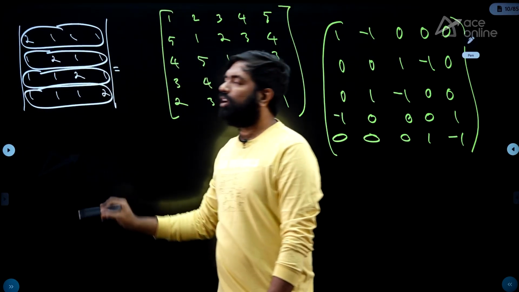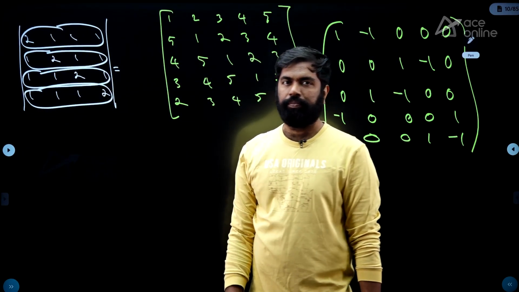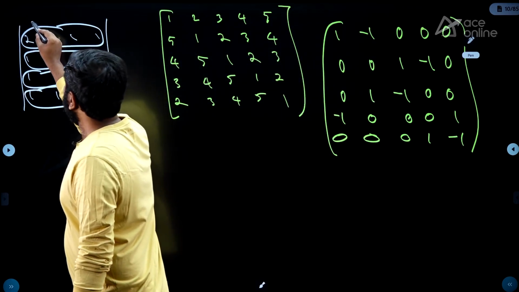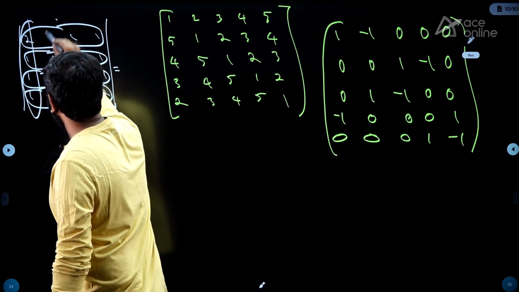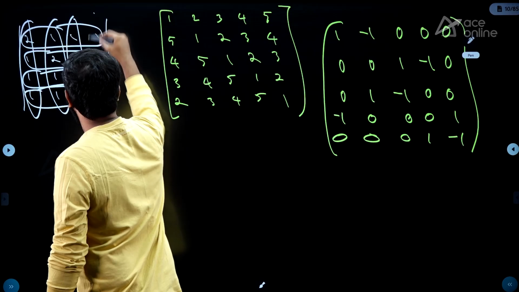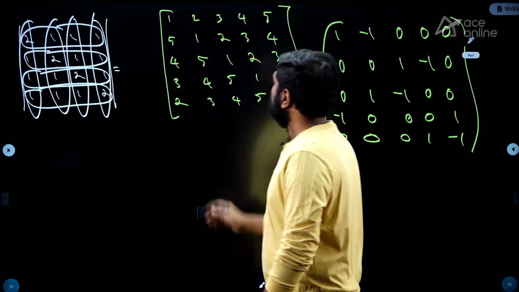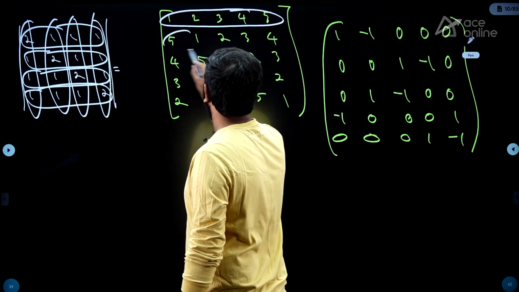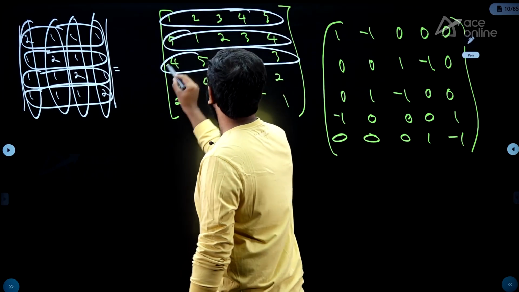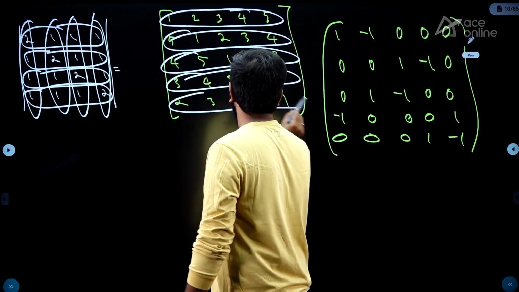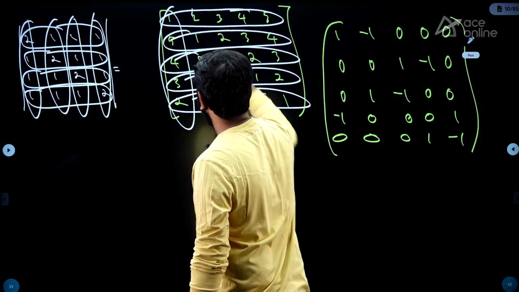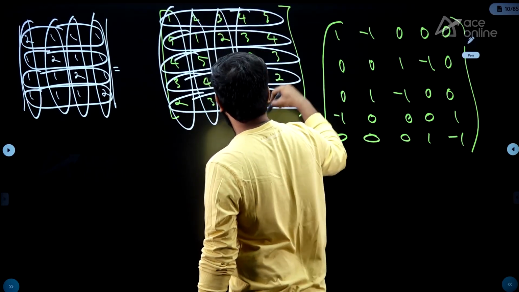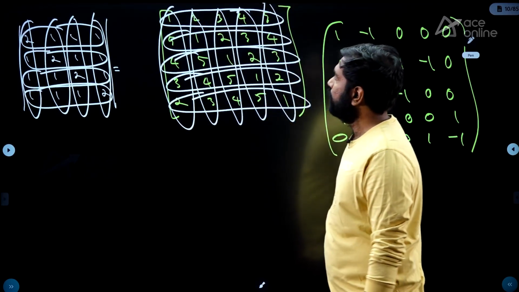Now if I do that column-wise, I get 5 as well. If you add them column-wise, you get 5, 5, 5, 5. In the cyclic matrix, if you add them, you get 15 in every row, and 15 in every column.